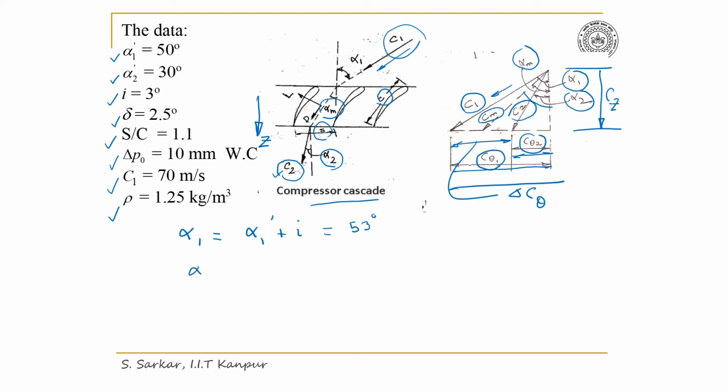Similarly, flow angle at exit alpha 2 will be alpha 2 dash plus deviation delta. So exit flow angle is equal to blade angle plus deviation. So that will be equal to 32.5 degree.